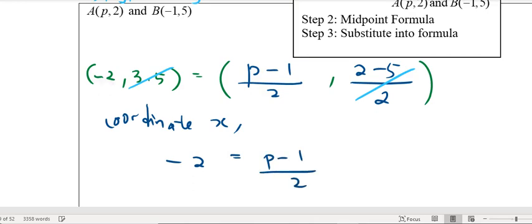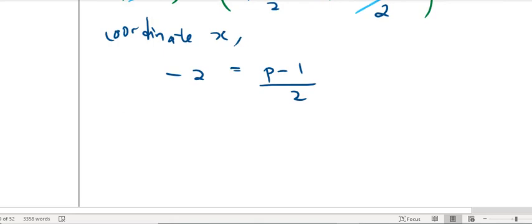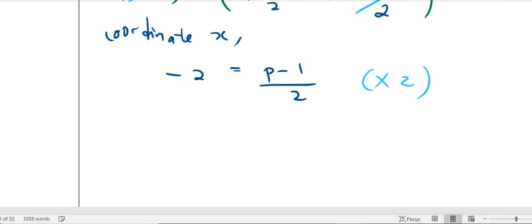Simplify first. Everything you multiply with 2, so you got negative 4 equal to p minus 1. Or you can just straightly put p minus 1 equal to negative 4.